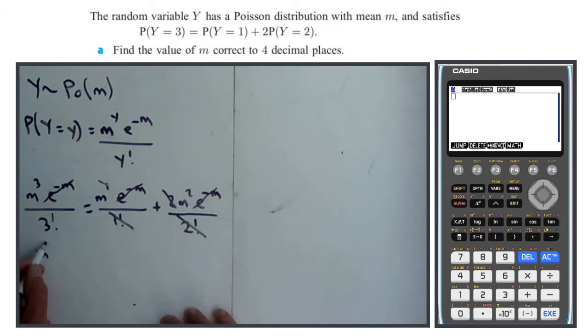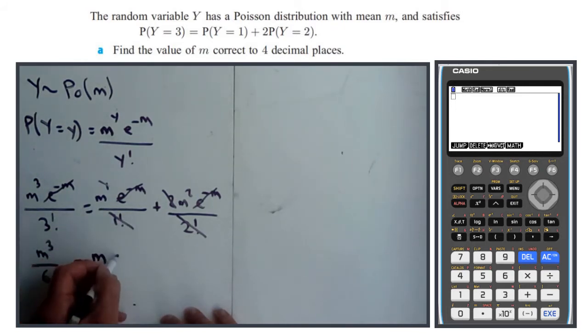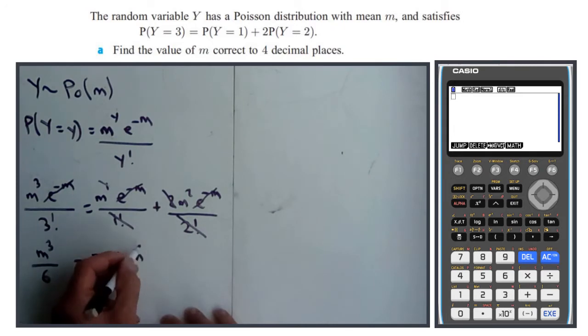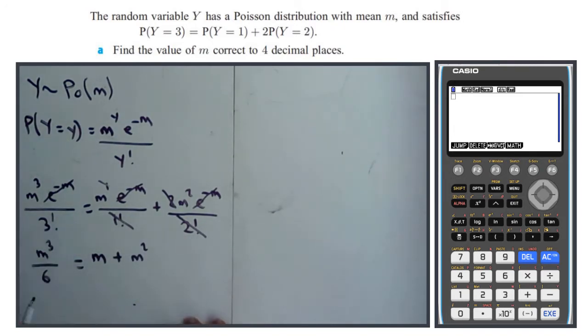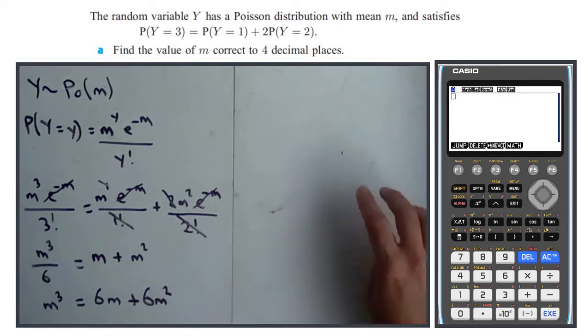So this is m cubed over 6 equals m, plus, and this now is just m squared. If I multiply through by 6 first, that would be m cubed equals 6m plus 6m squared. The normal approach would be to make this equal 0 and see if we can factorize.